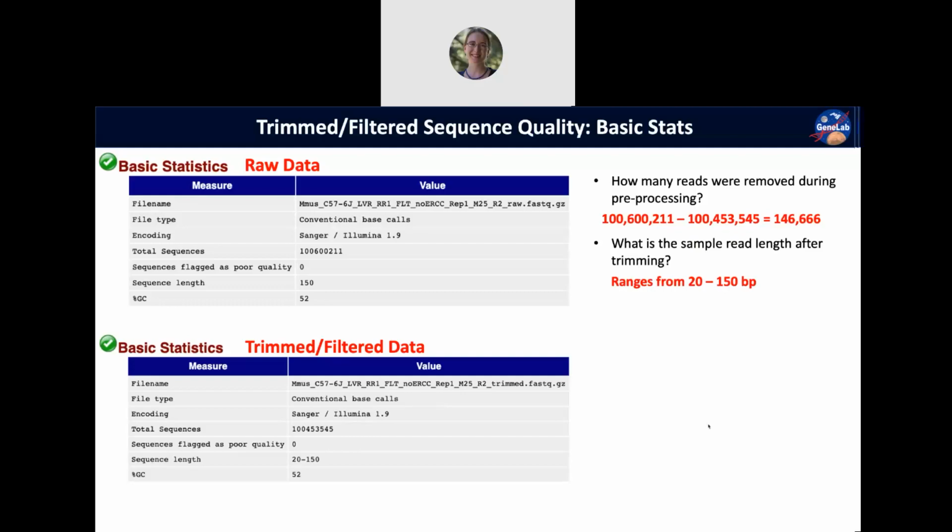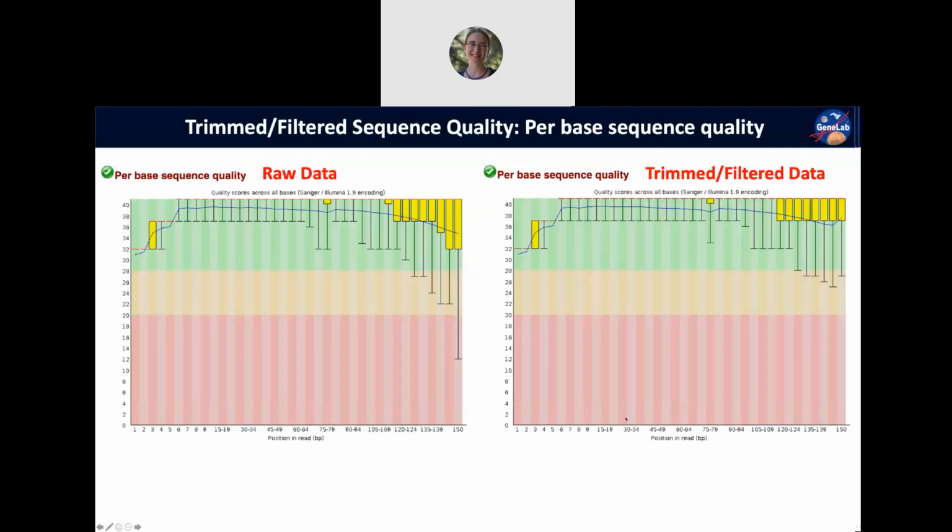Yeah, well, it's actually Trim Galore we used, but yes, you're right. So we use Trim Galore, which is Cutadapt under the hood, and we use the default limit, which is 20, right? So that's going to be the smallest we have. And then, of course, we know that if nothing was trimmed, then we would be left with 150. So we do see some reads in which nothing was trimmed away. So that's why we have that range now.